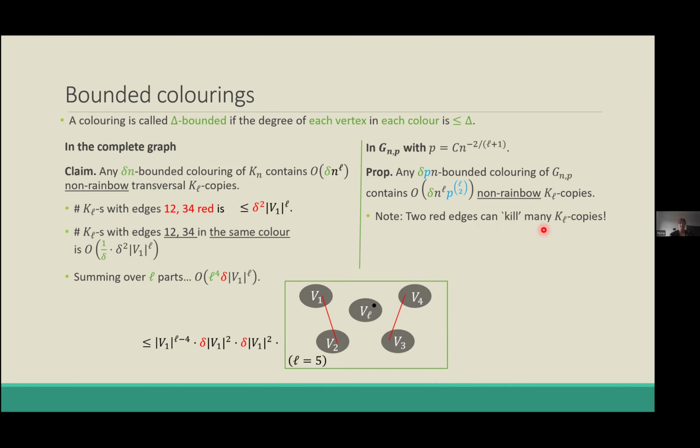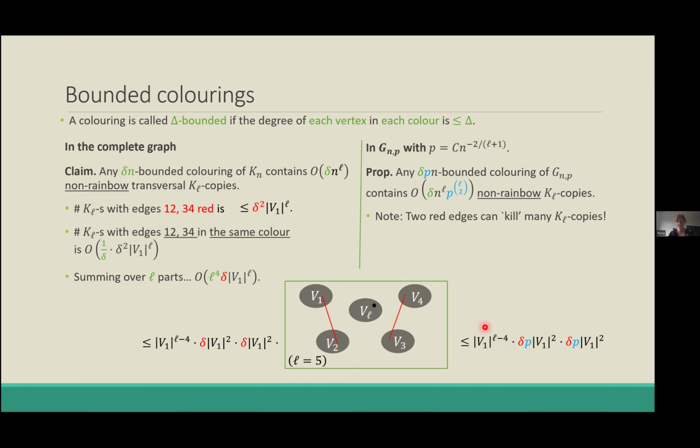So actually, the one bound that you can write down is trivial and useless. So for 2 fixed edges, you upper bound the number of KL copies by this trivial factor. And then you have delta P proportion of choices for the first edge and delta P proportion for the second edge.